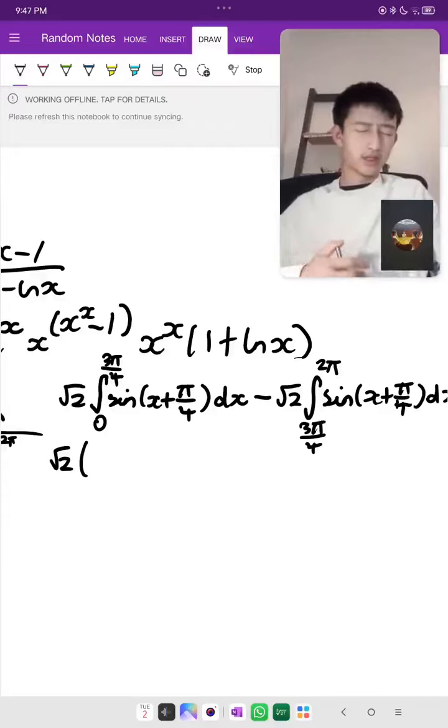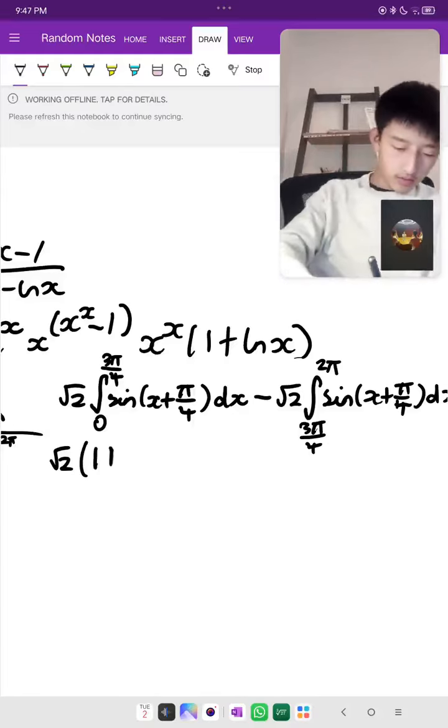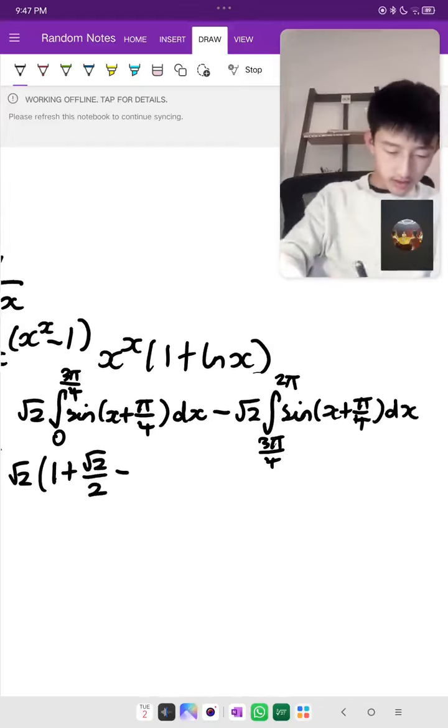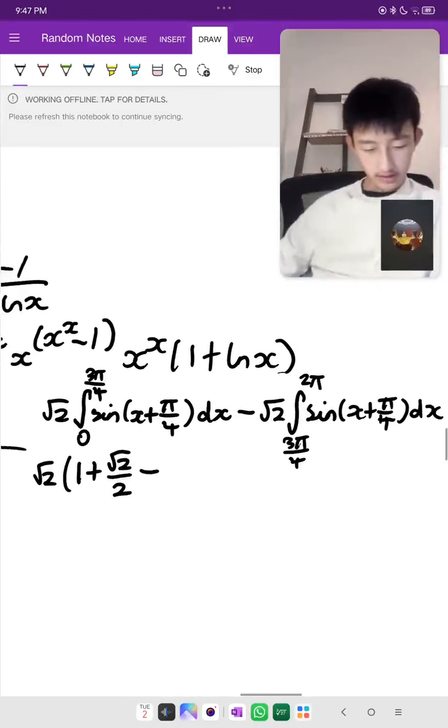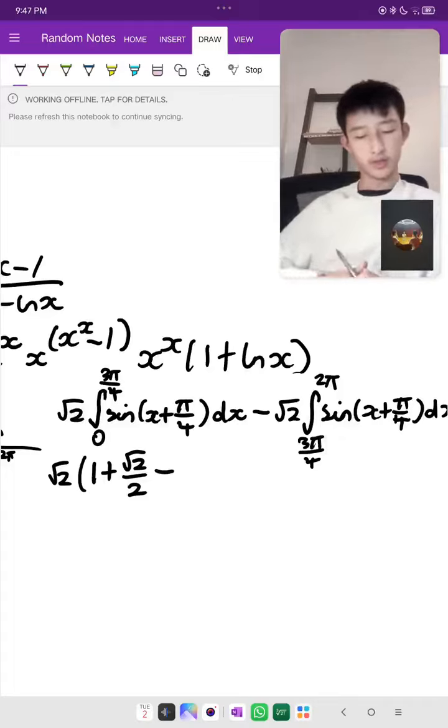Okay, so minus cos pi is going to be 1, then minus cos pi over 4 is going to be plus, so it's going to be minus root 2 over 2 will be plus, so root 2, then 1 plus root 2 over 2, then minus, then the exact same thing, 2 pi plus pi over 4, so that's going to be the same thing as root 2 over 2.